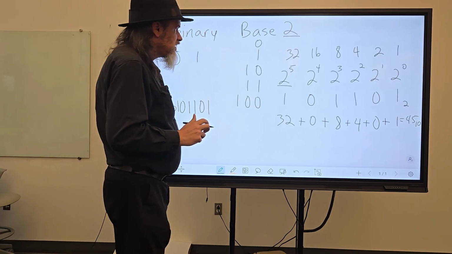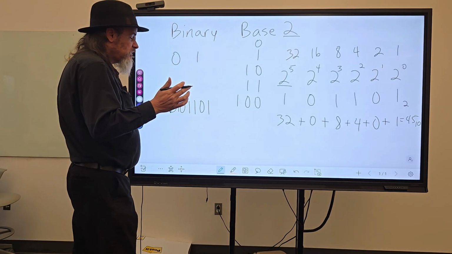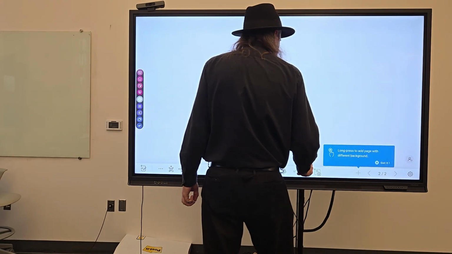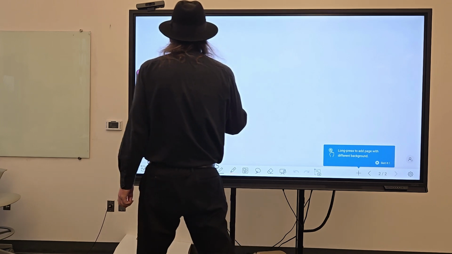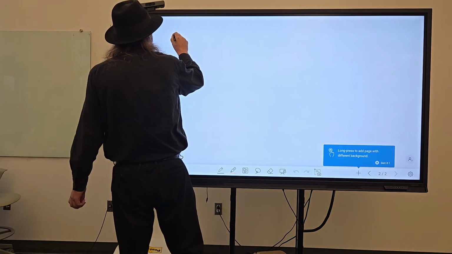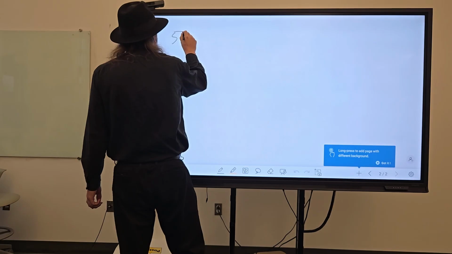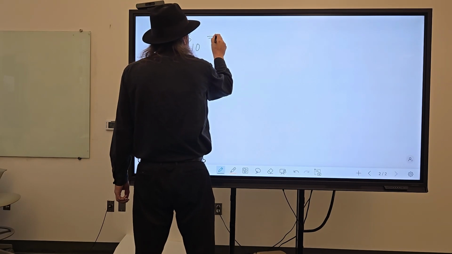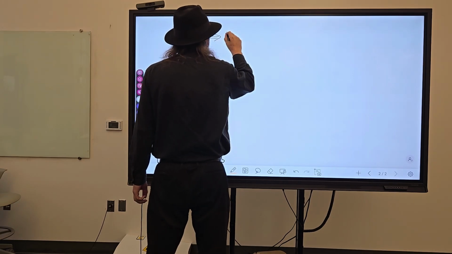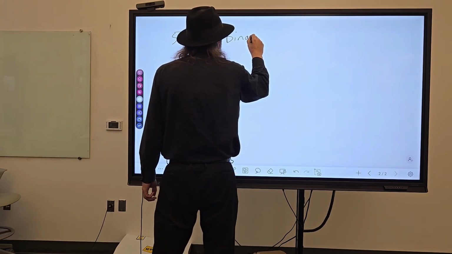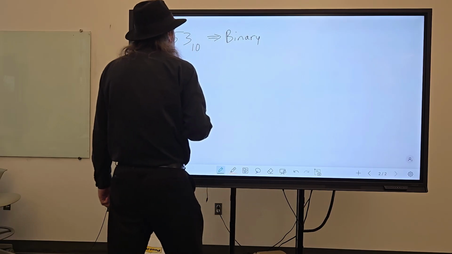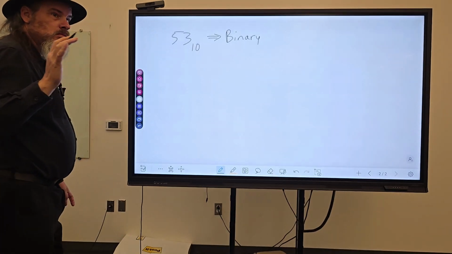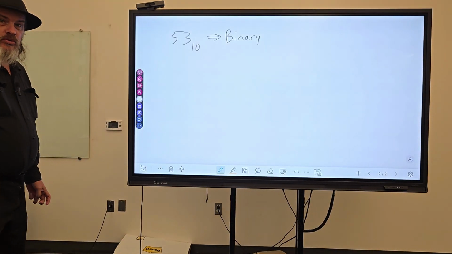Now math, let me go ahead and do conversion from, let's see here, 53 base 10 to binary. Now it's good to remember your powers of 2.